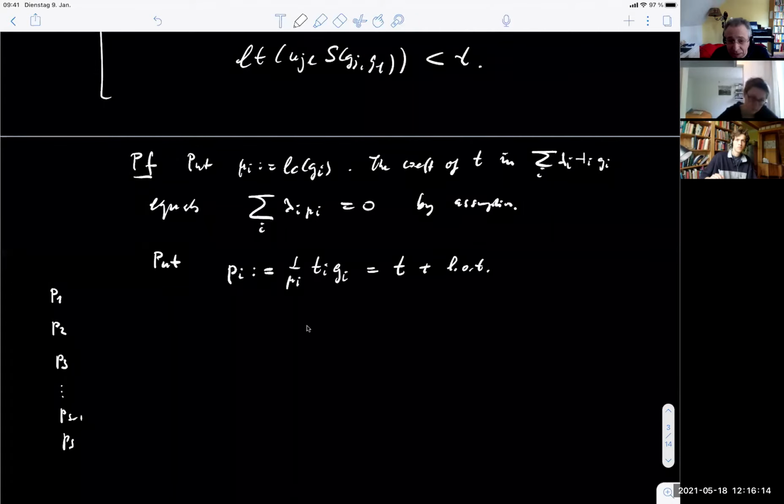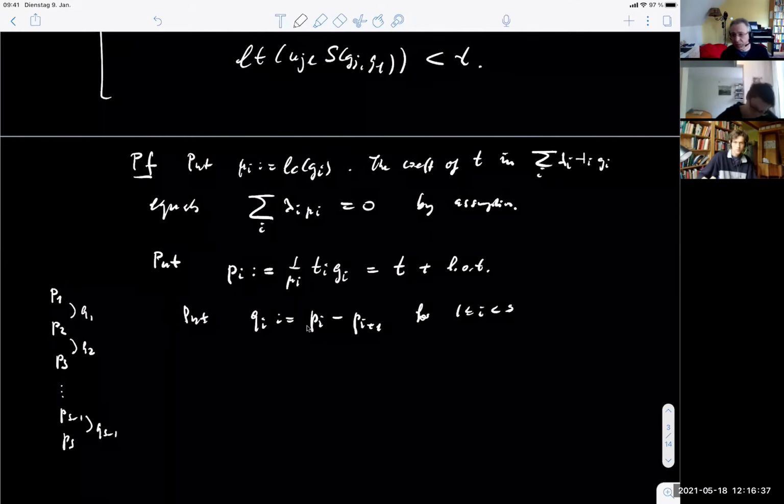I can express what's going on more succinctly by looking at the differences. So I define the differences of these polynomials and call them Q. Put Q I as the difference of P I and P I plus 1.